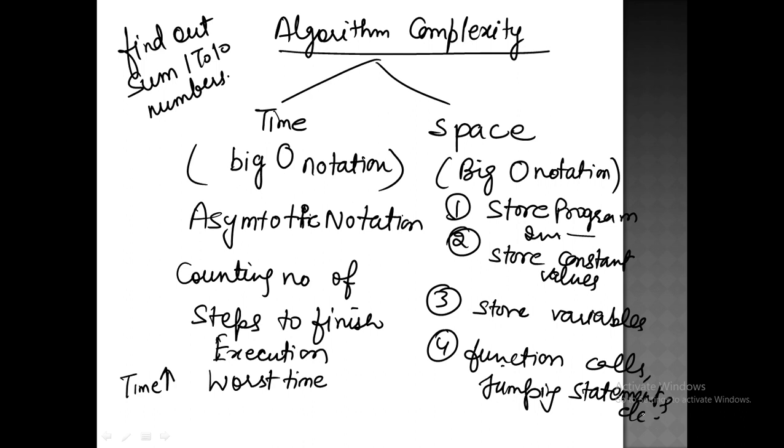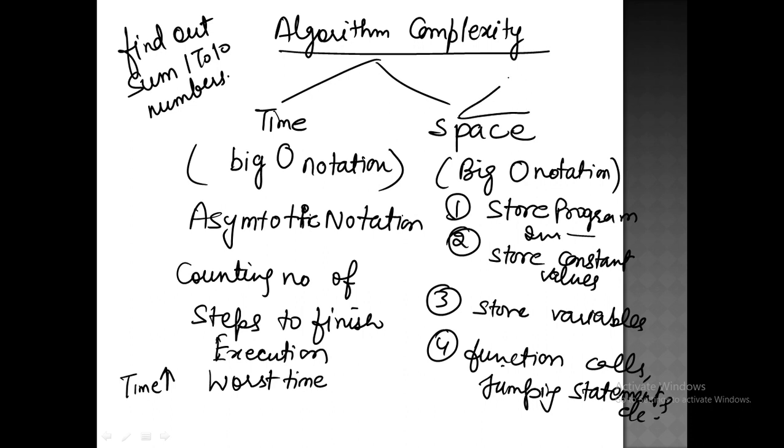The extra space required by an algorithm, excluding input size, is known as auxiliary space. Space complexity considers both auxiliary space and the space used by input. Here space can be used in two ways.